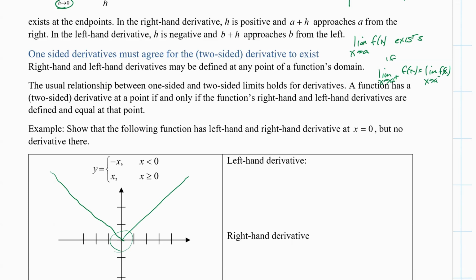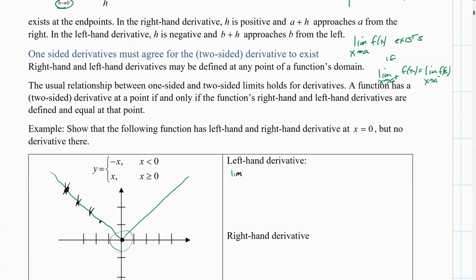Right? So I might say for the left-hand derivative, that's the one where I'm taking 2 points, a fixed point and this movable point, and I keep on moving this point closer and closer.